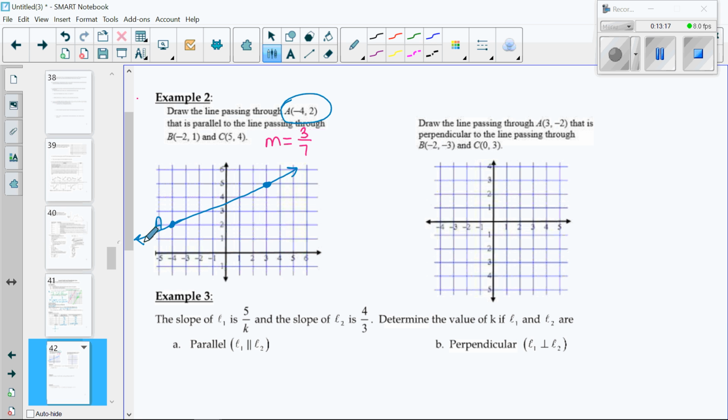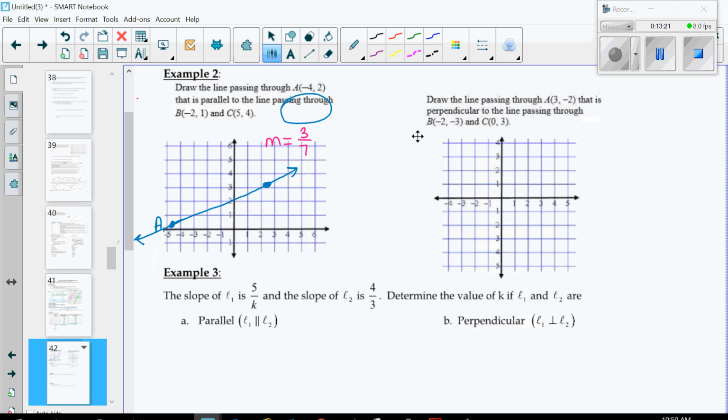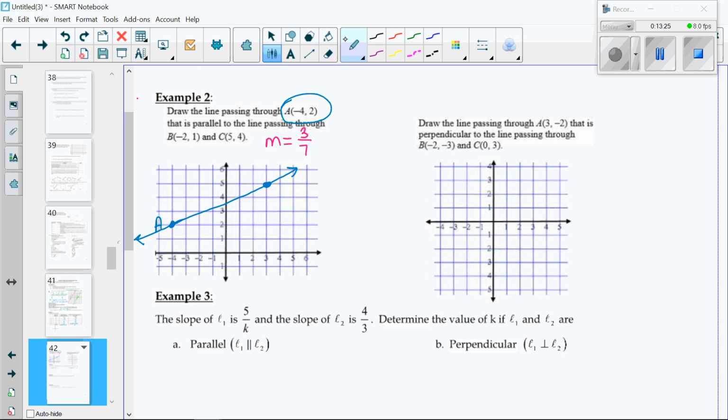Now we're going to draw the line passing through A, 3, -2, that is perpendicular to the line passing through B, -2, -3, and C, 0 and 3. What I'm going to do is calculate my slope algebraically for BC.